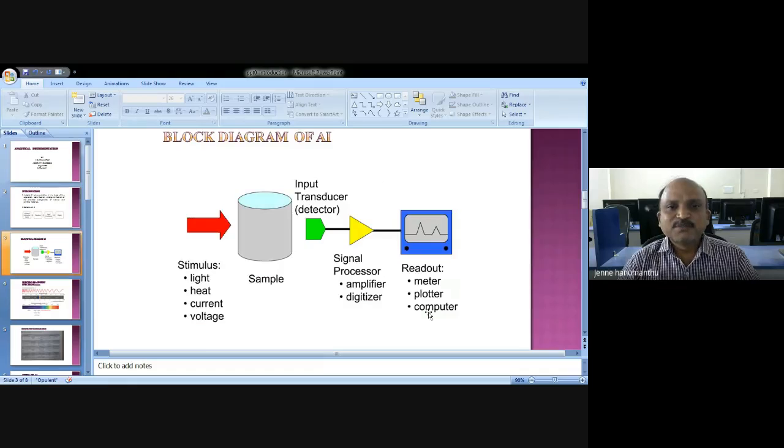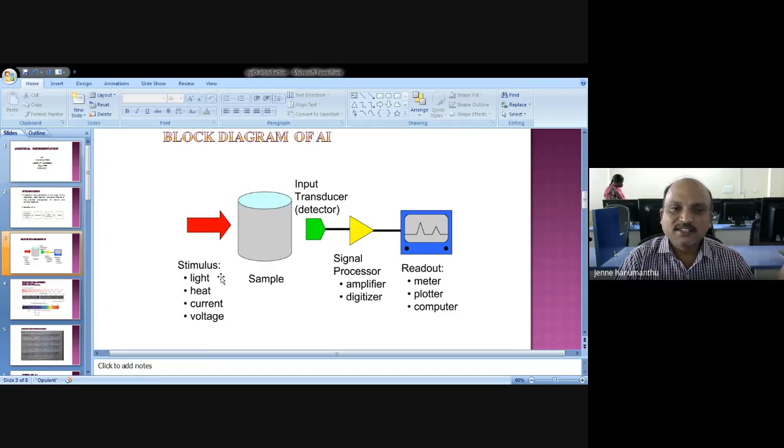Next one is the block diagram. This block diagram can be represented like this. The red arrow mark represents the input. That is called the stimulus. What is the stimulus? We have to stimulate the sample sometimes as per the requirements. You cannot use the same stimulus for each process.